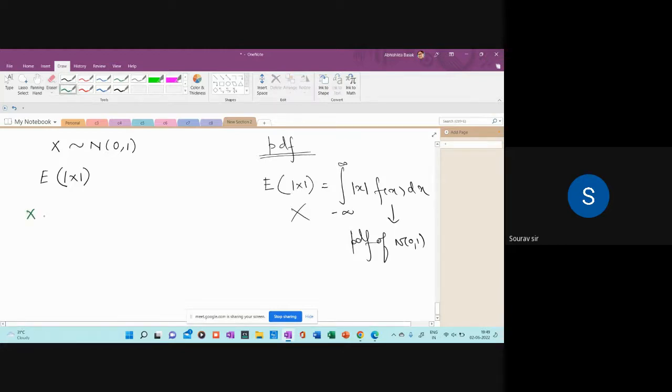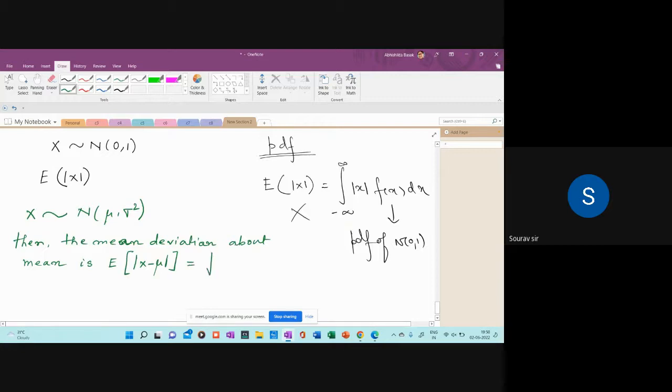If x is a random variable following normal (mu, sigma square), then the mean deviation about the mean is the expectation of mod of x minus mu, which is basically root over 2 by pi into sigma.